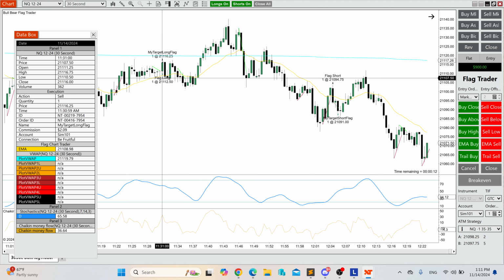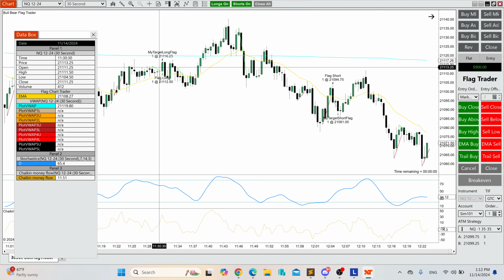If you remember, for the bull flag strategy we need to have a stochastic on a higher reading to identify momentum, and now we are able to use the Chaikin money flow indicator to filter our trades, because if we are in positive territory, this indicator tells us the money flow is in the longs right now, or the money flow is in the shorts.